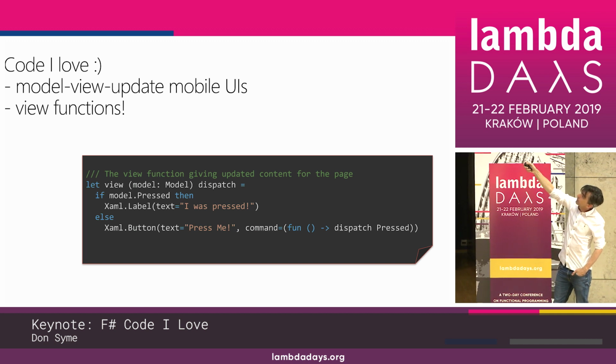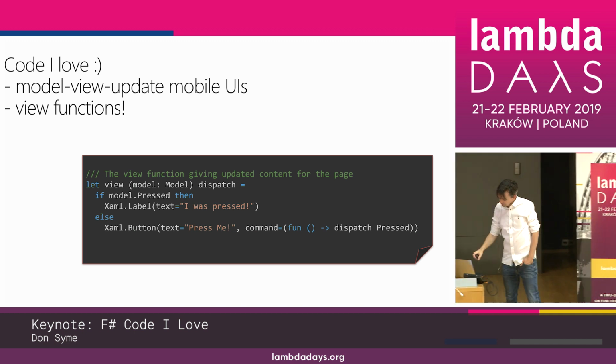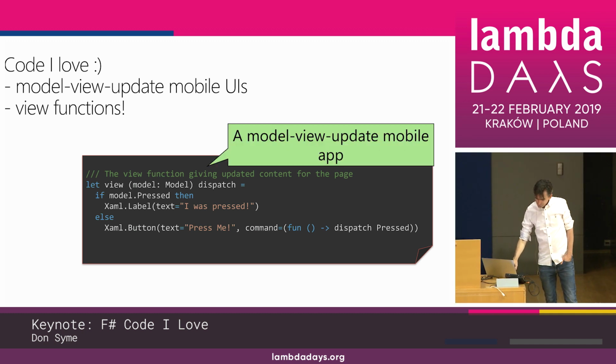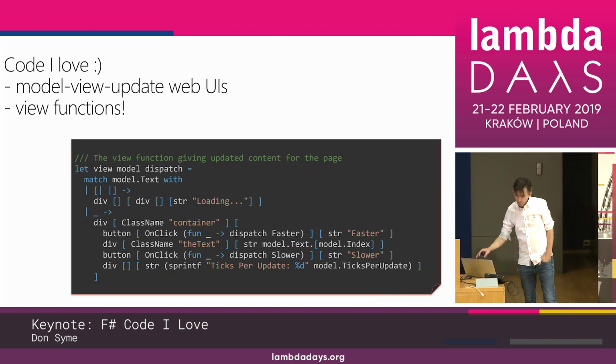So this is a view function. It's a dynamic view here. Every time the model changes, we reevaluate the view, and if the model was pressed, we show a label, and if it wasn't pressed, we show a button with the command to dispatch the pressed message. So that's a model view update mobile app, at least the view part of it.